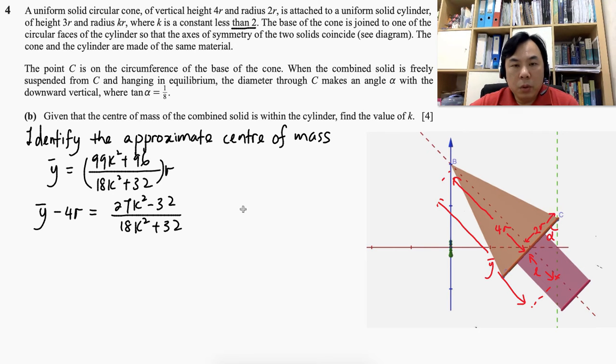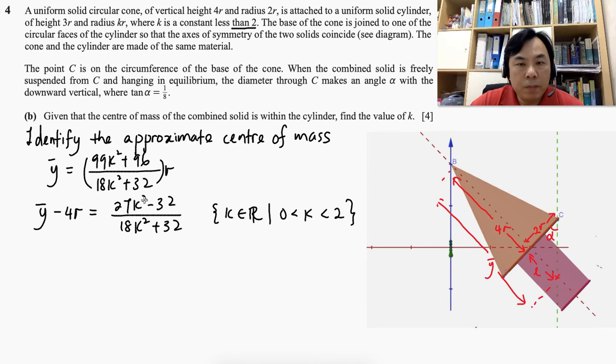Now we also know that k must be greater than 0 and less than 2. So this is the remark here. Let me write it down properly. So k is all real numbers such that k is greater than 0 and less than 2.